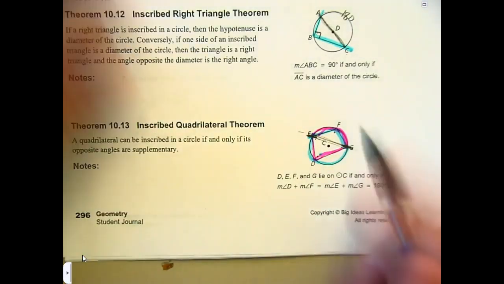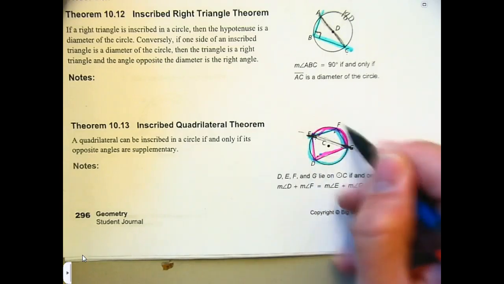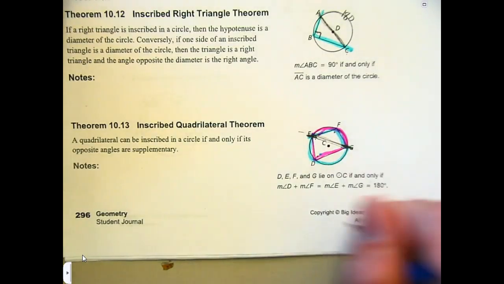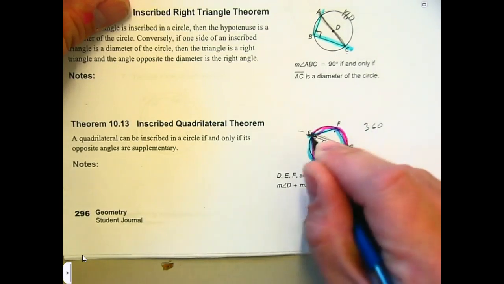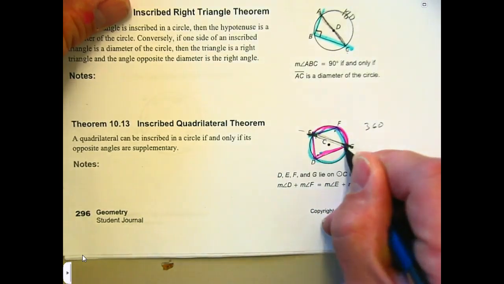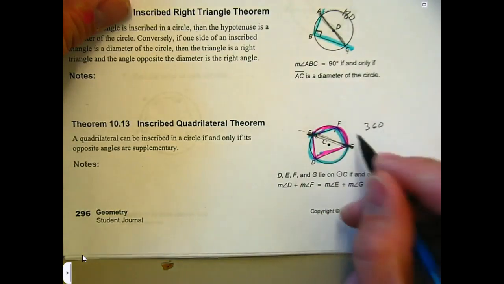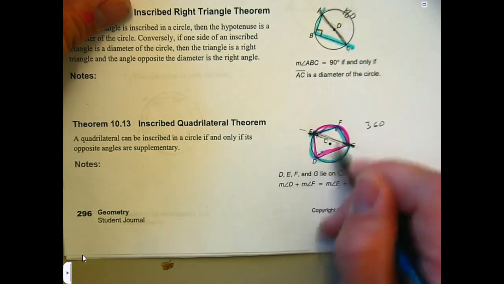What is the circumference of a circle? Or how many degrees in a circle? That's not the circumference, but it's 360 degrees. And what do we know about these angles? They're inscribed, so they have to be combined.